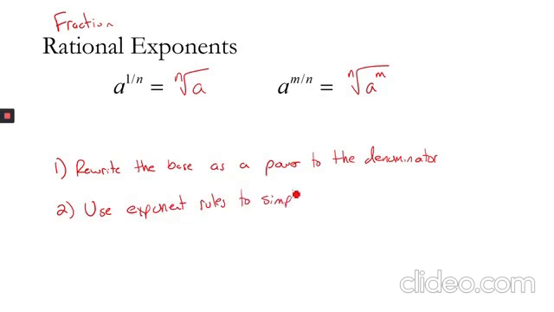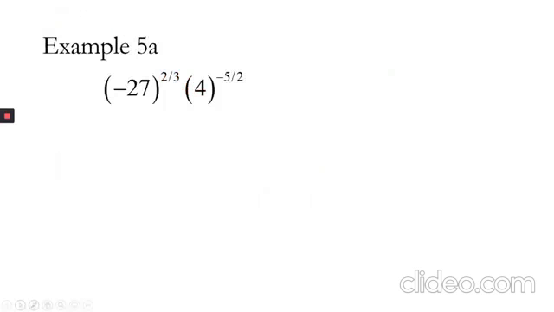Now this first step doesn't sound great in English, but I think once you start to see it, it's going to make more sense. So for example 5a, obviously we have these rational exponents, which your calculator can actually take care of. So that's a good way to check your answer. But when you need to show your work, we want to rewrite it a little bit differently. And once we get to variables, obviously you can't use your calculator for that.